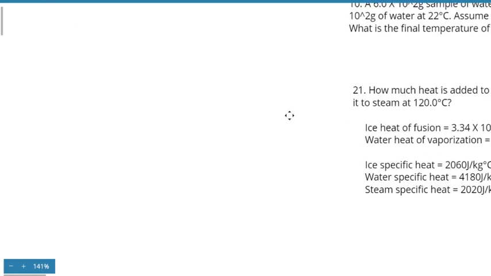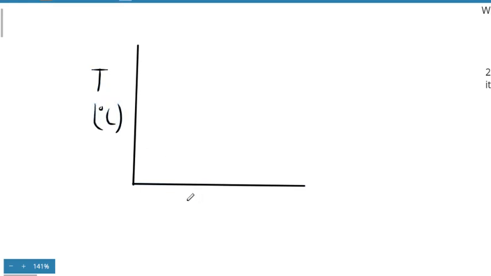So when you're heating the ice, it goes like this. Here, I'll draw the axes first. We have this and this, and we say this one is temperature, degrees Celsius, and this one is energy, thermal energy, and this is in joules.